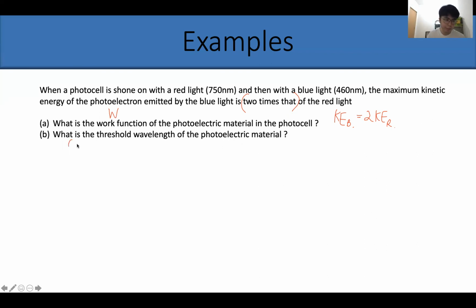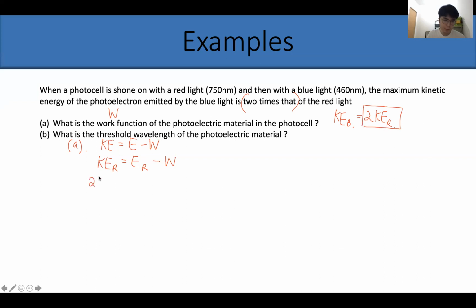Again, our equation from A, KE equals E minus W. So we can write, okay, KE red equals the energy from red light minus work function. And another one is the blue one, right? So we know that the blue is 2 times KE red.